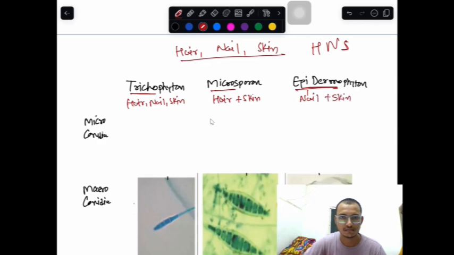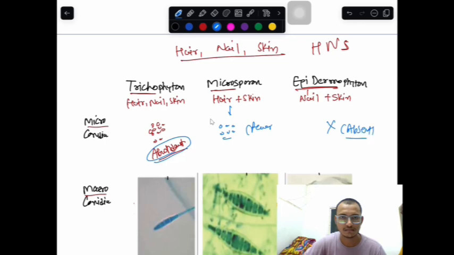There are two types of conidia. Microconidia are abundant in Trichophyton because of both hair and skin involvement. They are fewer in Microsporum. In Epidermophyton they are absent, because there is no hair involvement, so no microconidia.